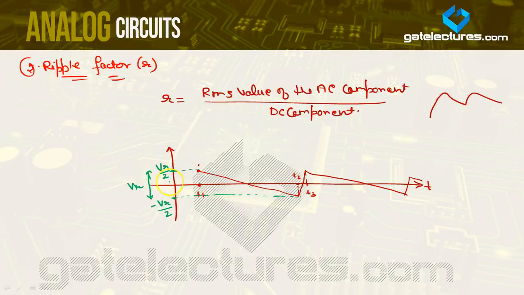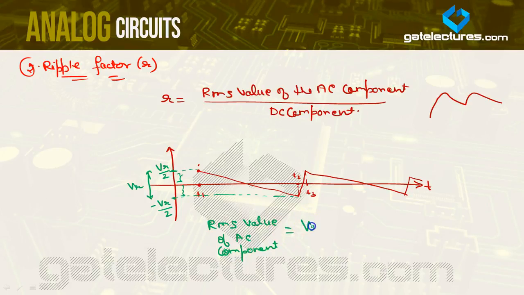This time is T1, this is T2, and this is T3. So this is basically the AC component of the output.